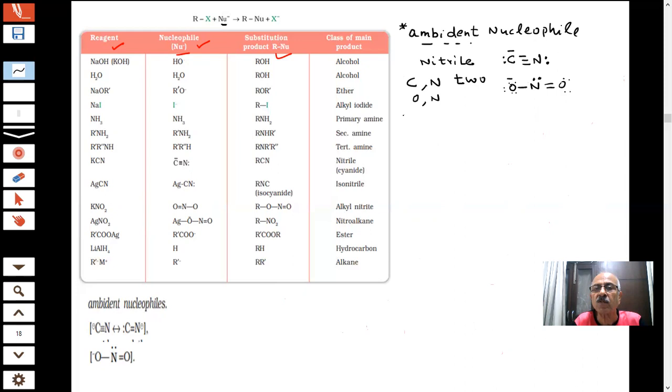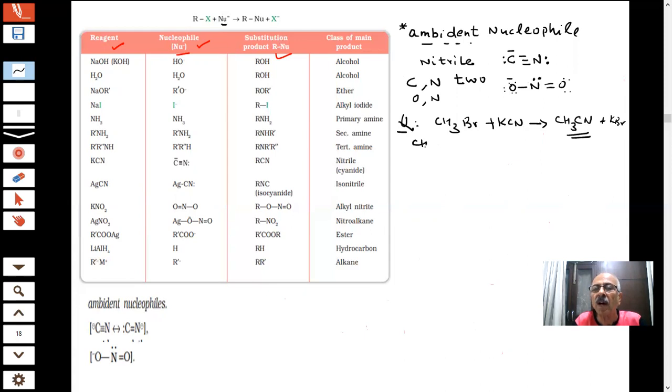Question was like this. What was the question in the paper? CH3Br reacts with KCN. The product is CH3CN, and this is potassium bromide, so KBr. This is the product.